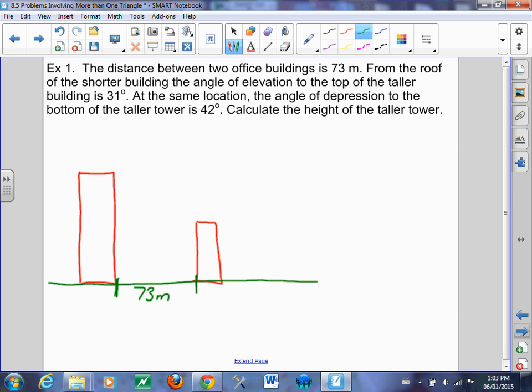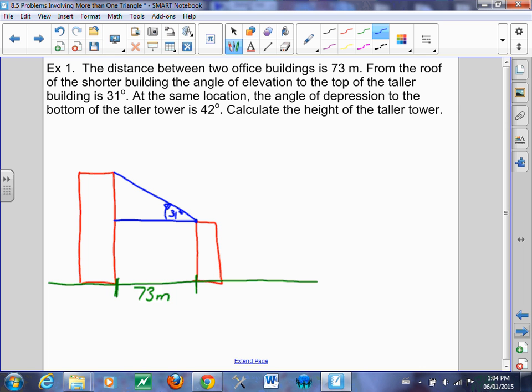It says from the roof of the shorter building, right here, to the top of the taller building, so I'm going to draw a straight line to the top of the building, the angle of elevation is 31 degrees. I draw my horizontal, which is straight across, and it's the angle going up, 31 degrees.